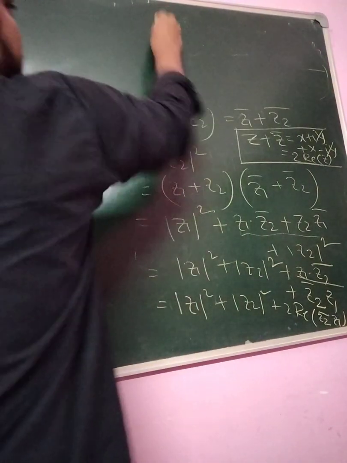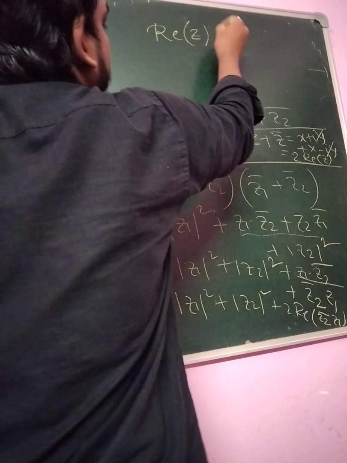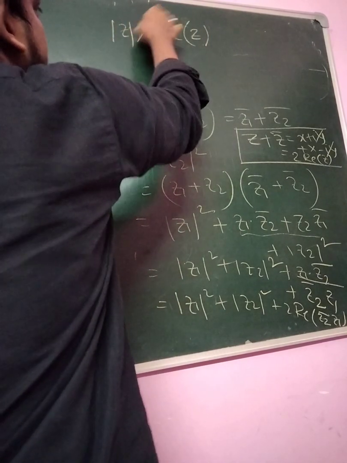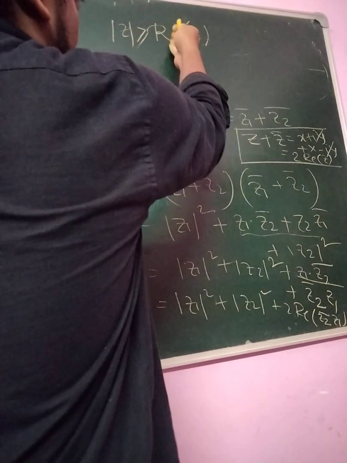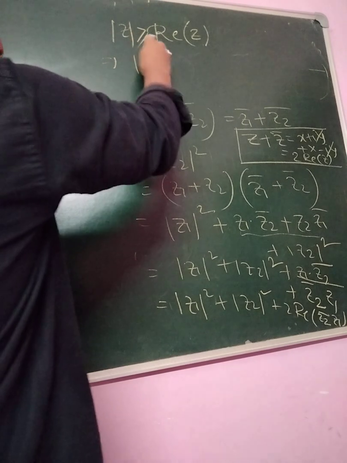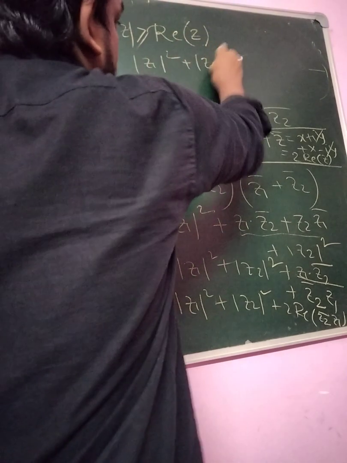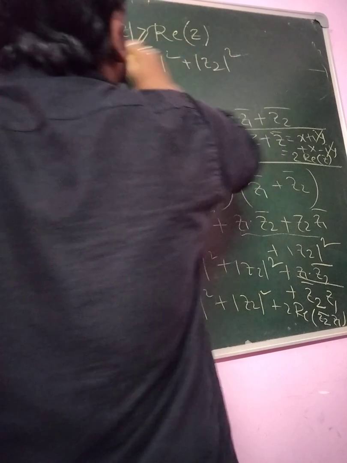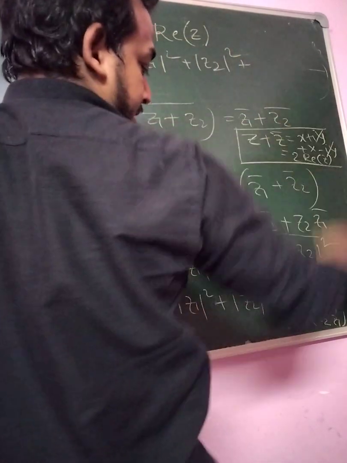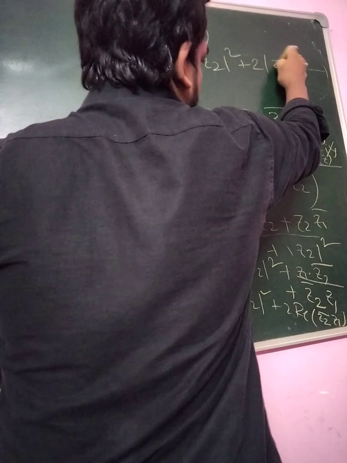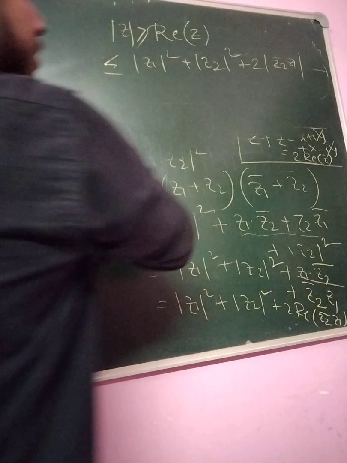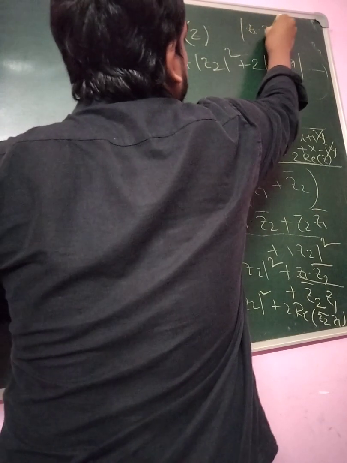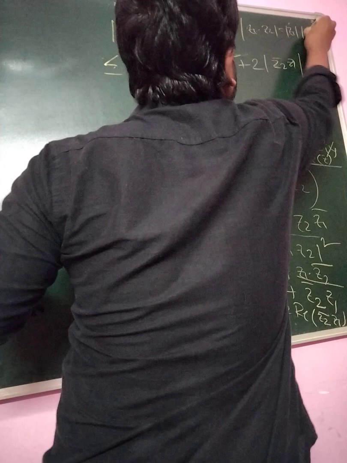Now we already proved that mod z is greater or equal to the real part of z. So basically the real part of z is less than or equal to mod z, so we apply this rule here. So you get mod z1 square plus mod z2 square, and this is less than or equal to mod z1 square plus mod z2 square plus 2 times mod of z2 bar z1. Now we know that mod of z1 into z2 is equal to mod z1 into mod z2.